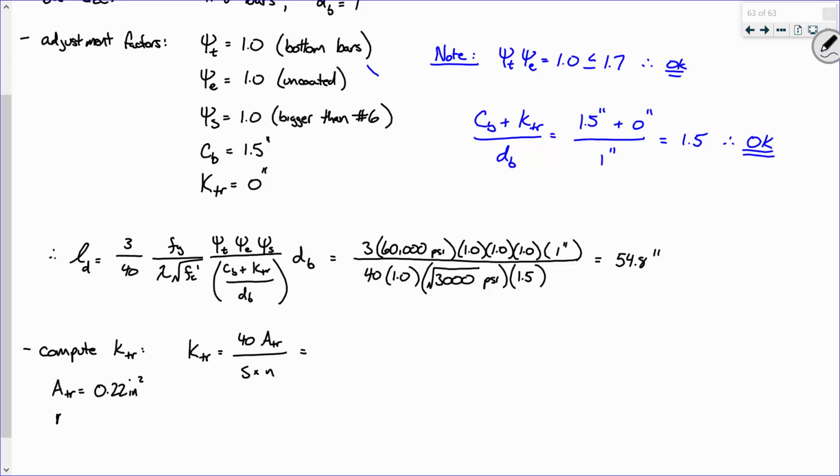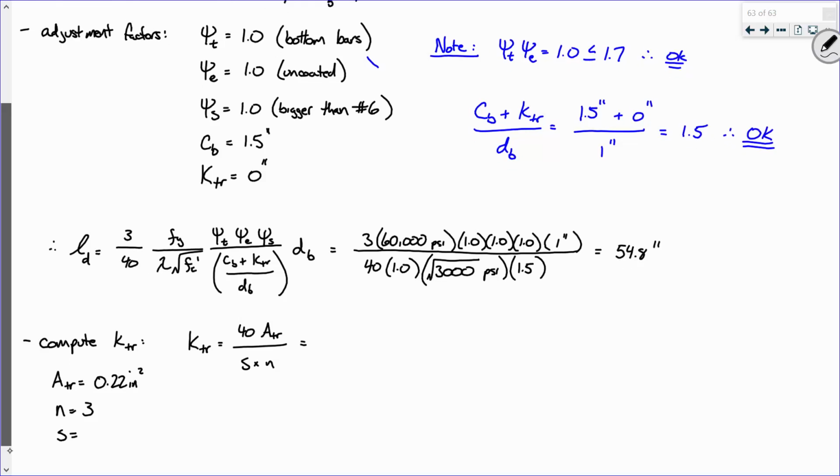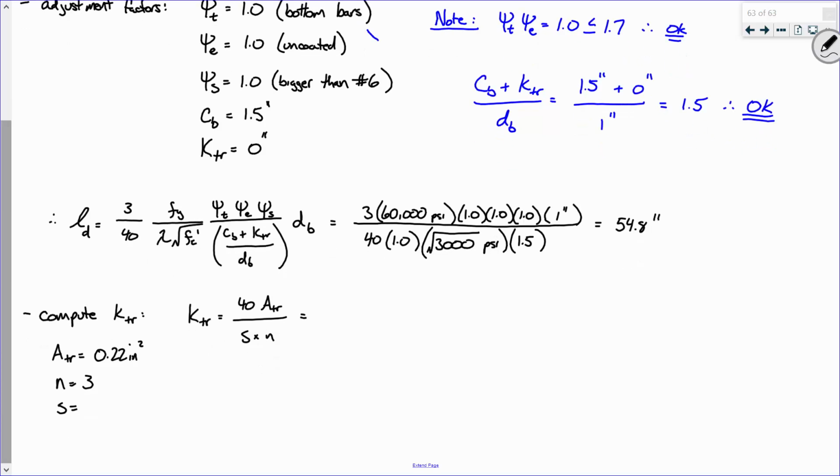Now, what is S? S is your stirrup spacing, which is, you tell me. Is that including 2 inches from the start?